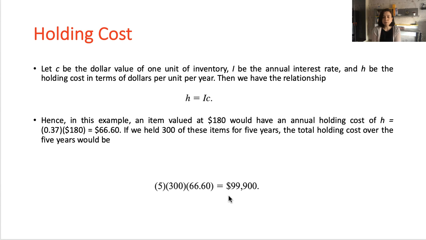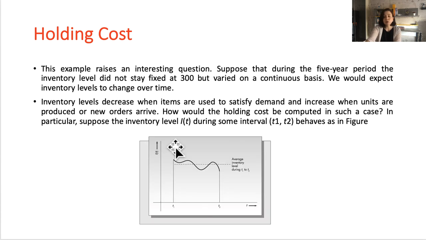But when we make the production, then the inventory level will increase. So it is difficult to say that for 5 years we hold a constant level of inventory of 300. Probably we will have such a graph for our inventory. It may decrease and increase and decrease, etc.